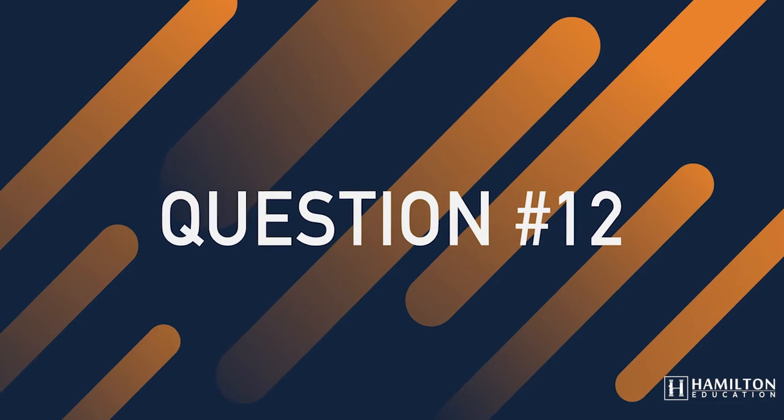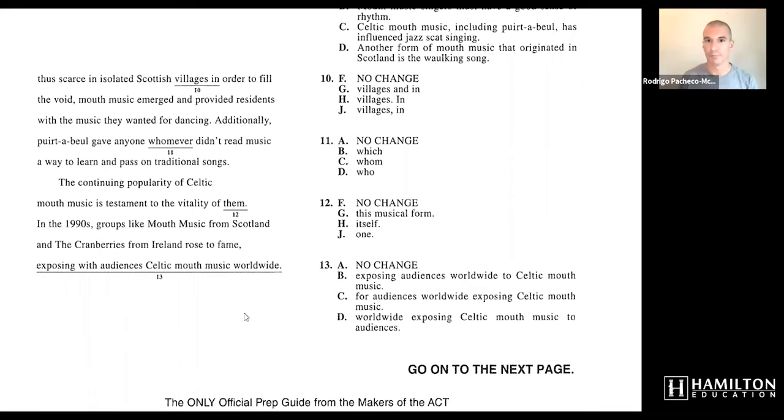Question 12 is a pronoun ambiguity question. We know that this is a pronoun ambiguity question because 3 of the answer choices, F, H, and J, give us fairly vague pronouns. Now, if we look at the sentence for this question, we see that it is the topic sentence. This is important to note because in a topic sentence, we want to be very specific.